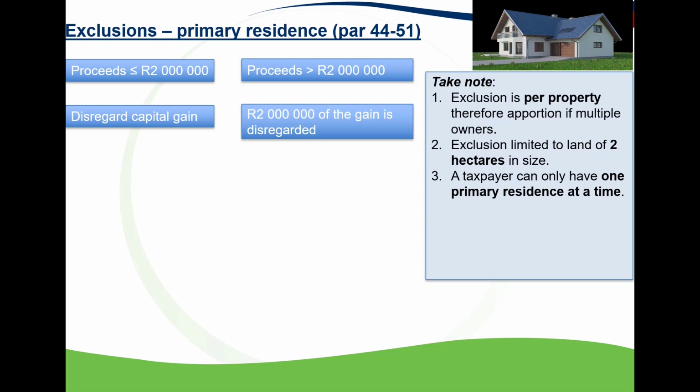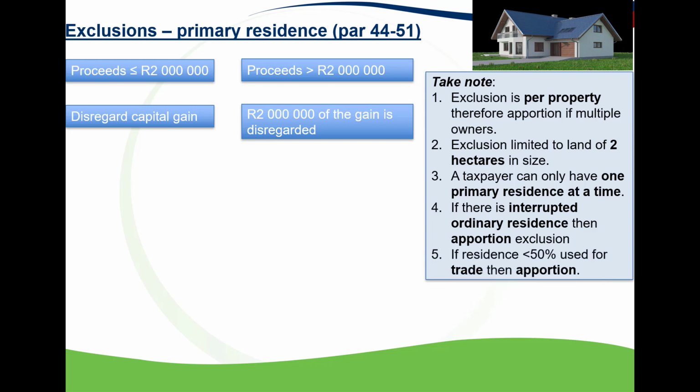Lastly, if there is a portion of the residence which is used for trade purposes, then the exclusion needs to be apportioned as it only relates to property used for domestic purposes. Refer back to your definition of what a primary residence is. That is why we have this exclusion. So it will only apply to the portion that relates to domestic use.